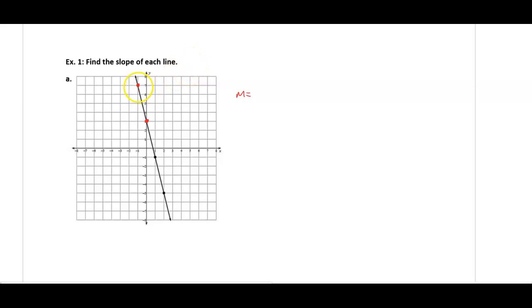My journey is going to be down 1, 2, 3, 4. So it's down 4, right 1. Therefore, my change in y is -4, and my change in x is 1. So -4 over 1 would be -4.